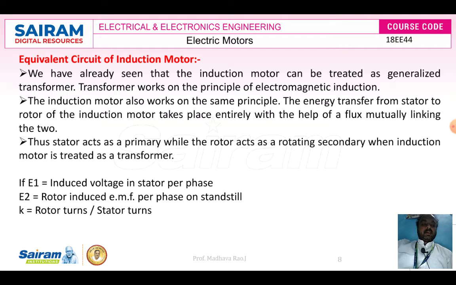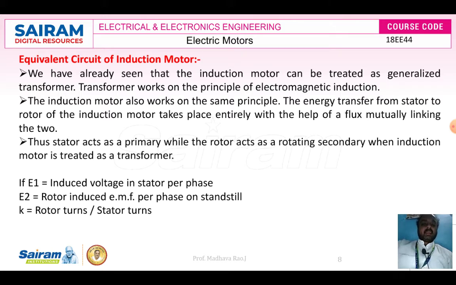Here a transformer has a primary winding and secondary winding. In a similar way, the induction motor has a stator winding and rotor winding. The stator flux mutually links to the rotor.